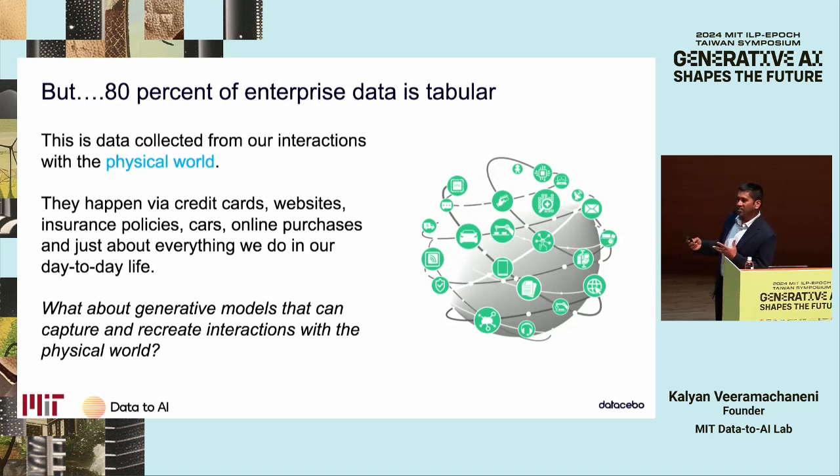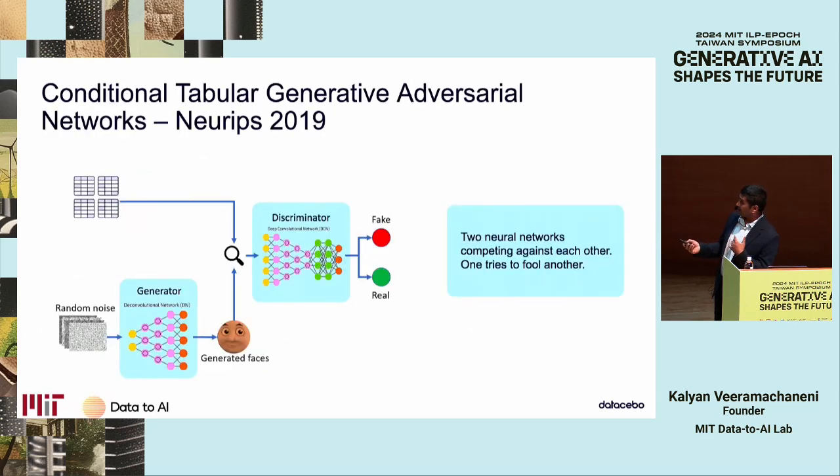So what about that data? Can we synthetically create realistic looking data of that type, which is about interactions with our physical world? My group in 2019 did a similar GAN approach for tabular data. It became the most popular GAN as of today. It's called CTGAN, where we use the same concept essentially.